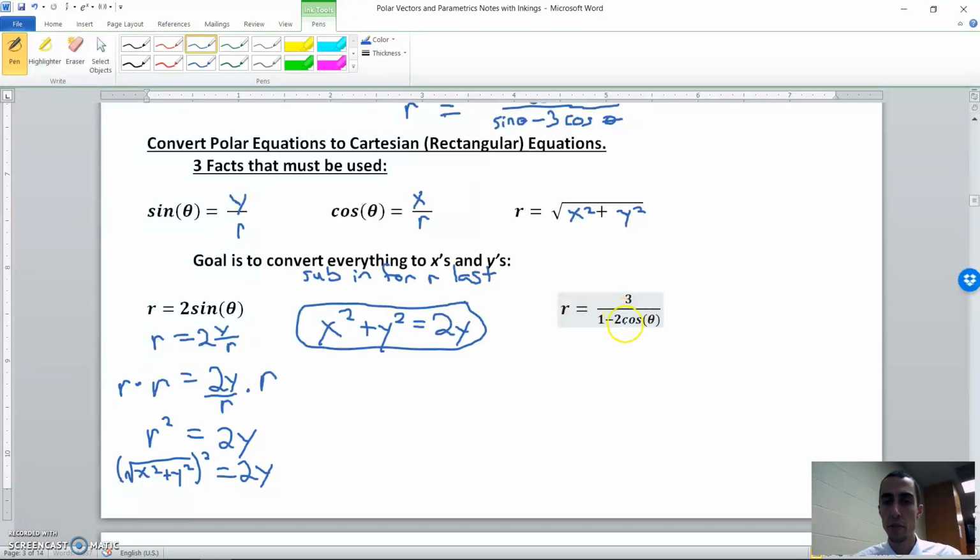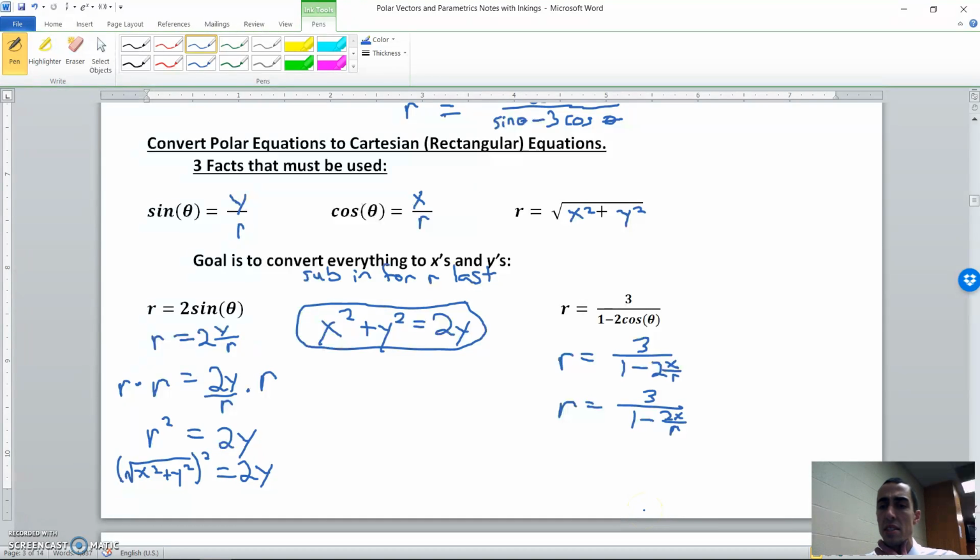First thing I'm going to do is take that cosine theta and substitute x over r in its place. So when we do that, we'll have 3 on top and 1 minus 2 times x over r. I'm going to multiply that 2 times x over r together, and we'll have 1 minus 2x over r.